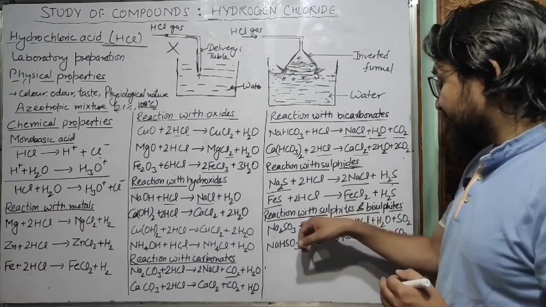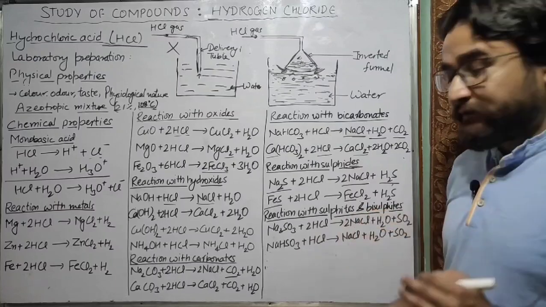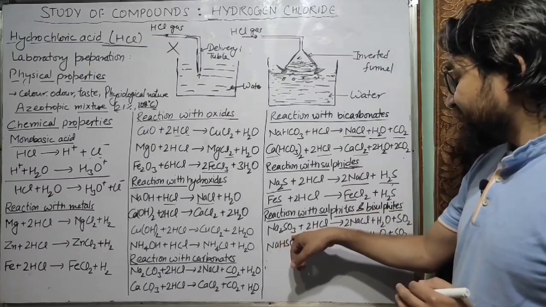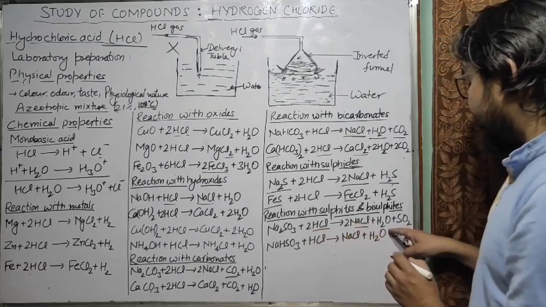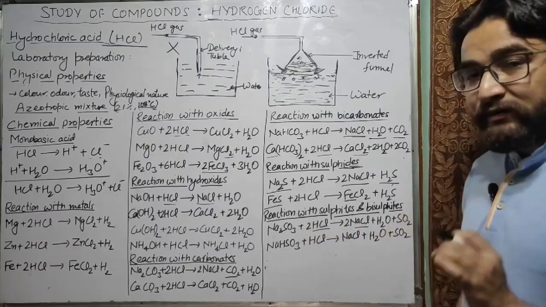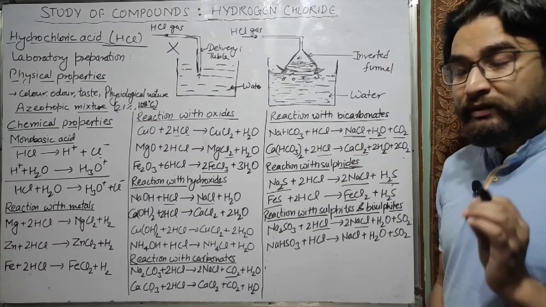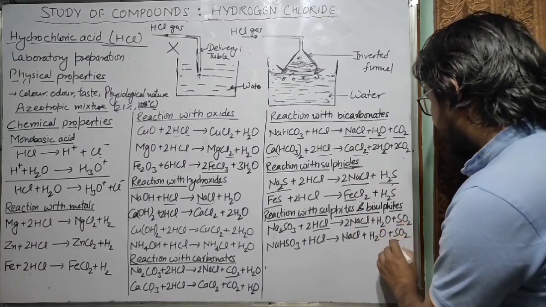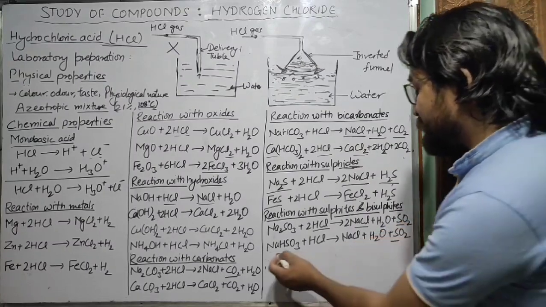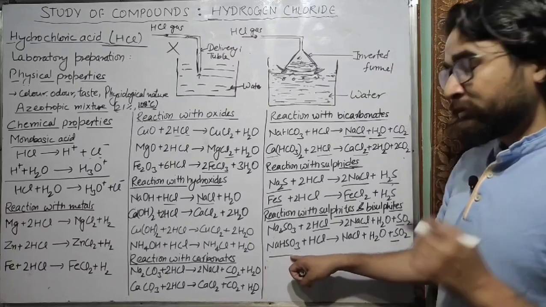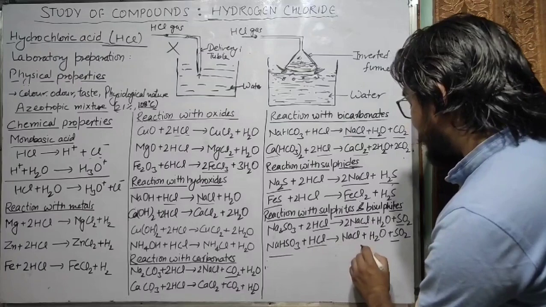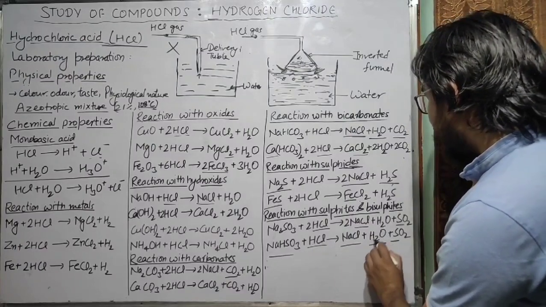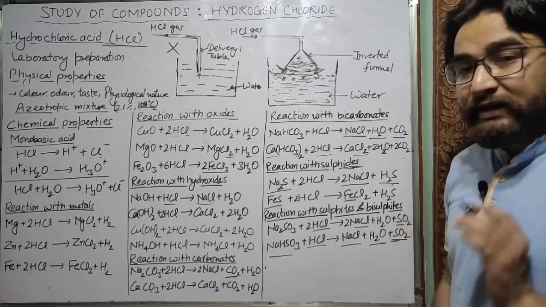Now next is reaction with sulfites and bisulfites. So let's see, sodium sulfite will react with HCl and form sodium chloride, H2O and sulfur dioxide. So you have to remember that sulfur dioxide gas is evolved. Similarly, sodium hydrogen sulfite, or you can say sodium bisulfite, will react with HCl and form sodium chloride, water and sulfur dioxide gas.